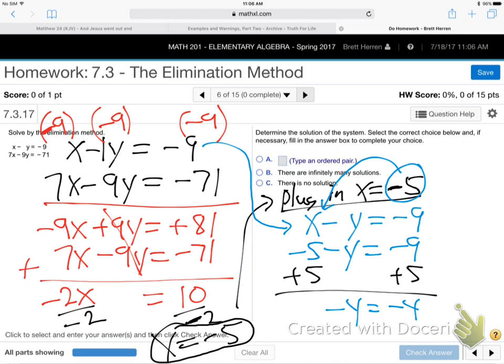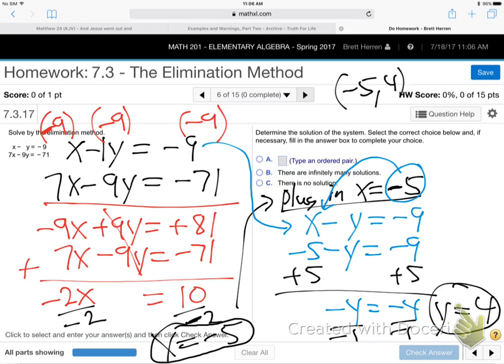Last step, divide by negative 1. Y is positive 4. So the answer is, what was x? X was negative 5, y is positive 4. X, comma, y: negative 5, comma, positive 4.